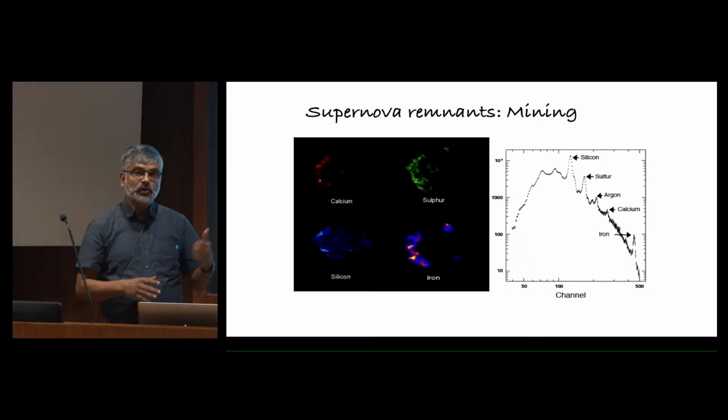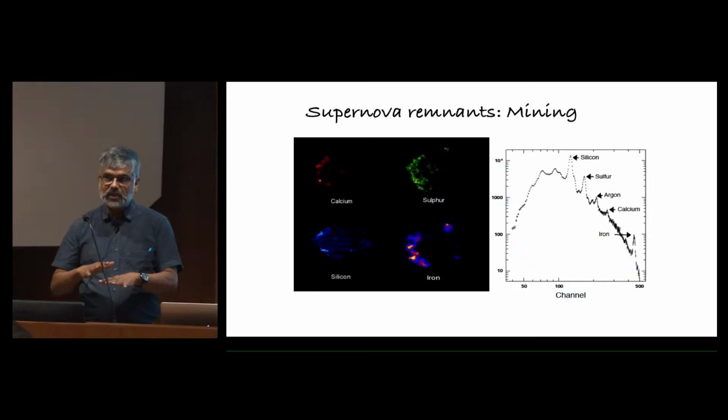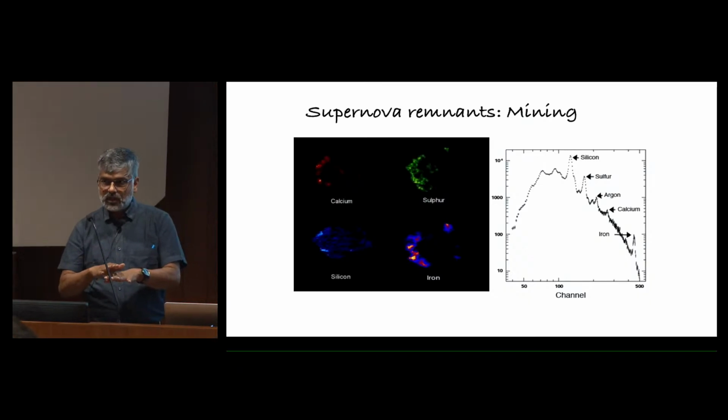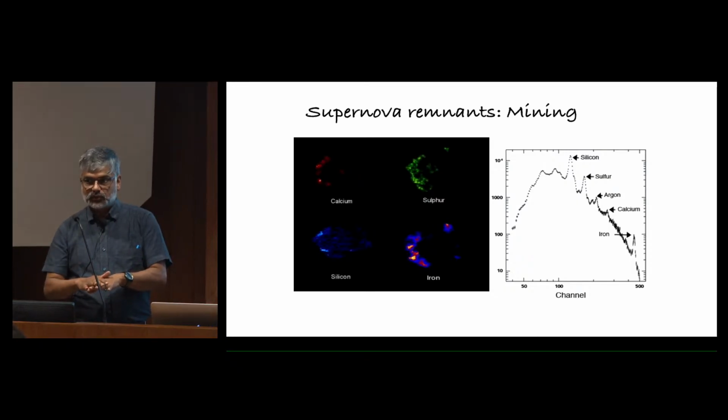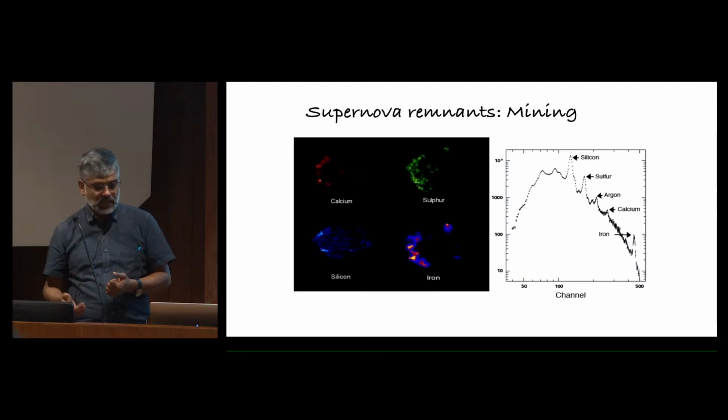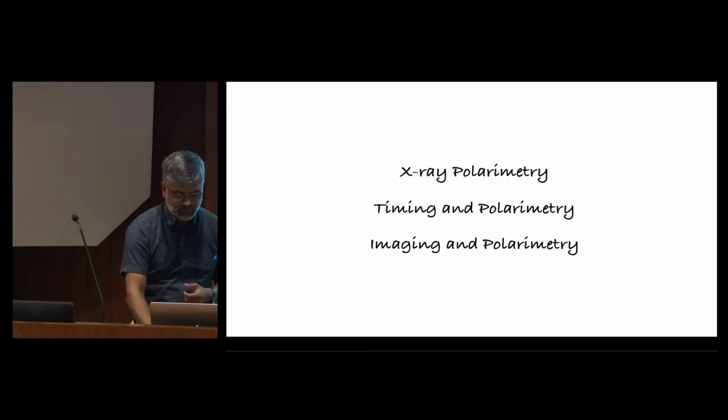An X-ray line is produced when you shine something with X-ray emission which is higher than the binding energy of those corresponding atoms, and then it produces a fluorescence line. Fluorescence lines will allow you to study ionization states, and of course the abundances.